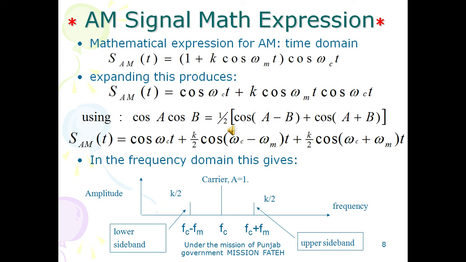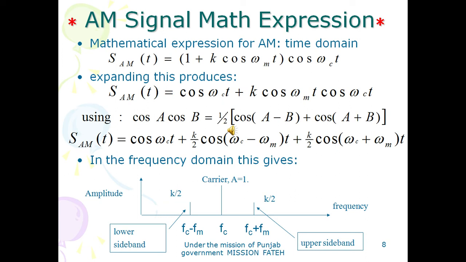Let us consider the carrier voltage, which is represented by vc = Ac sin ωct, and the modulating signal is represented as vm = Am sin ωmt. Vm is the modulating signal and Vc is the carrier signal.